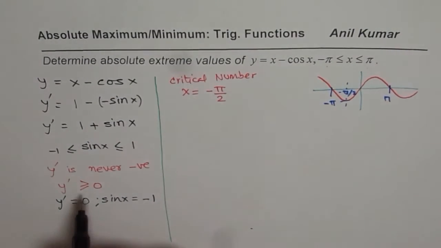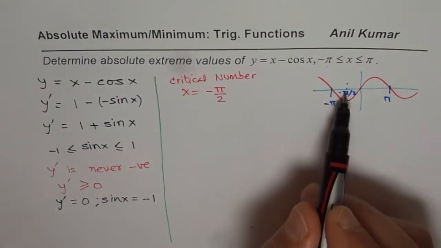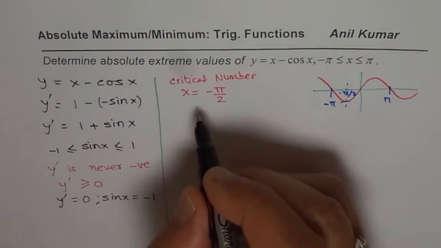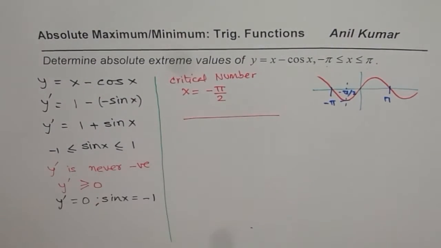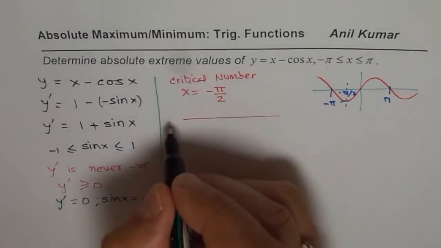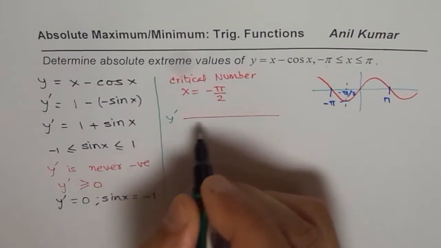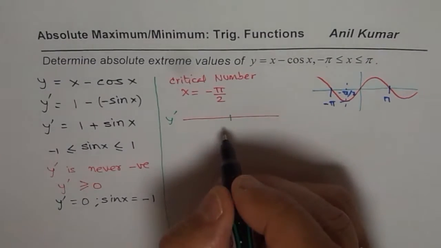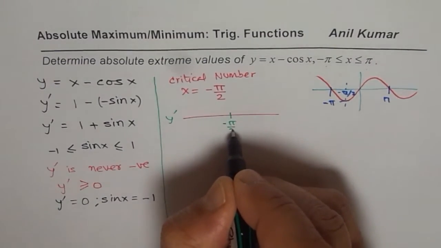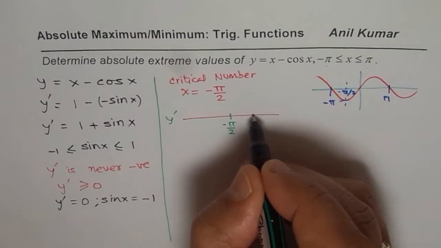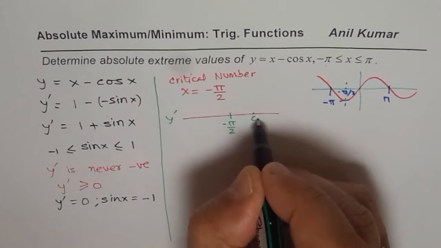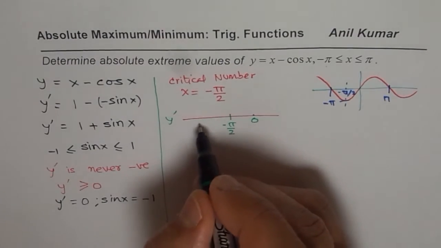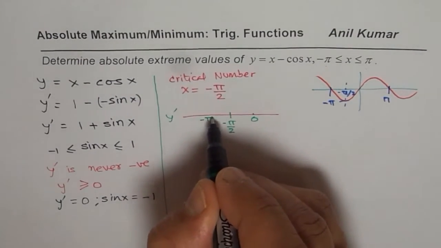Now let's analyze the derivative y prime on either side of minus pi by 2. One value could be 0, so we could take a test point as 0. On the other side, we could take minus pi itself.